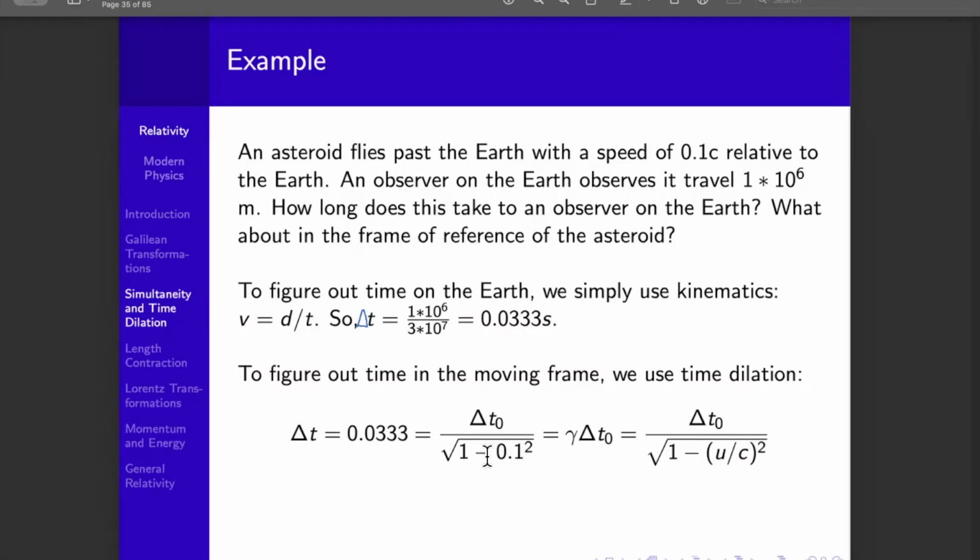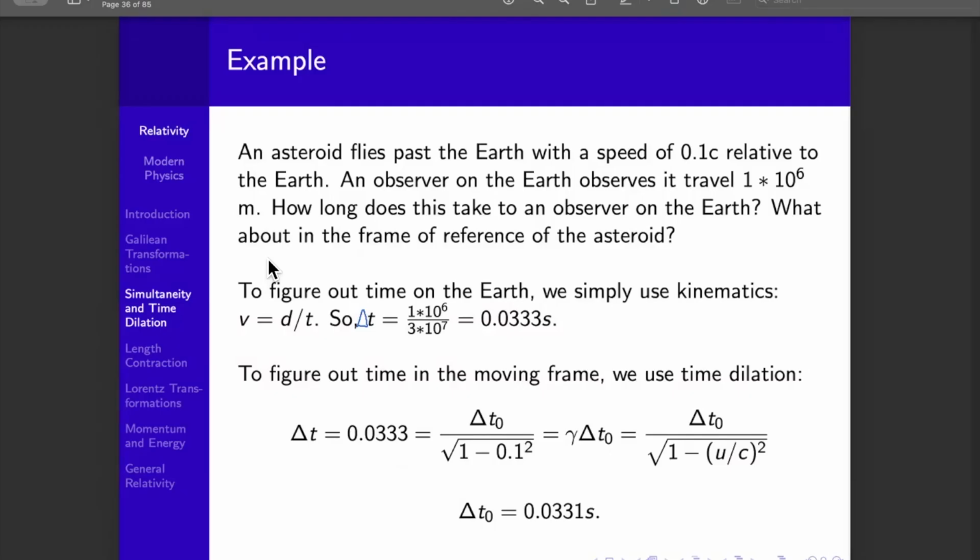We know u is 0.1 c, the c's cancel, so we can just say 1 minus 0.1 squared in the denominator. So you have 0.0333 equals t0 over the square root. Solve that for t0. That is what you end with for delta t0.